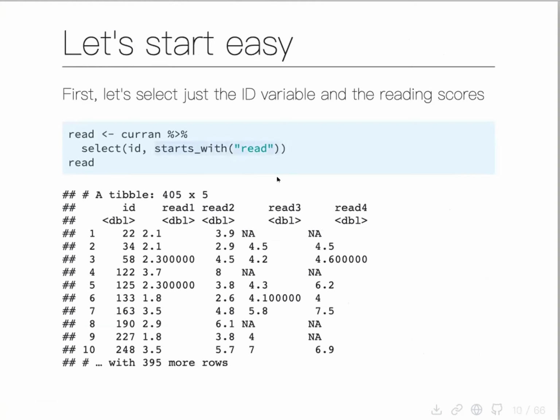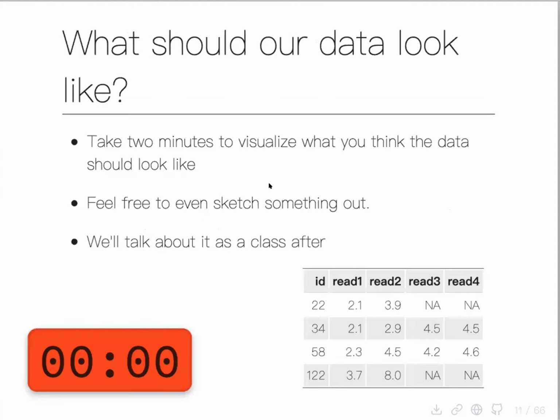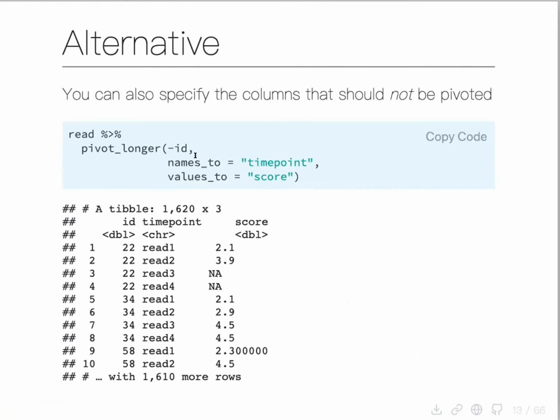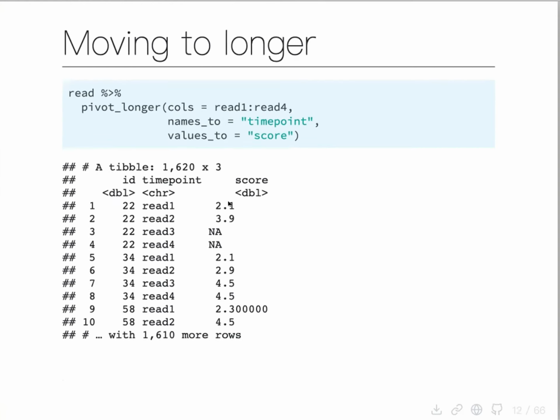We could also use exactly that same code to specify the columns. We can also say minus ID. So you can say include all the columns except this one, or except these, by using the minus. And otherwise, you're saying from this one to this one, include all of those columns.